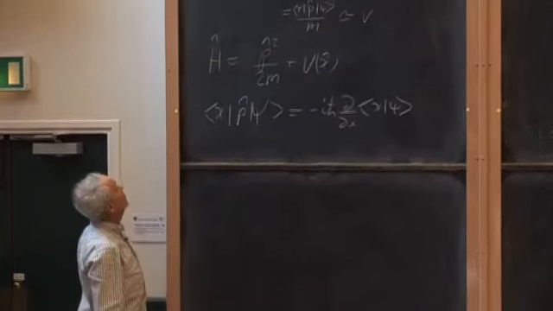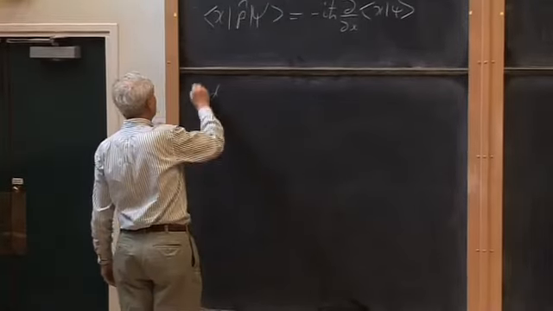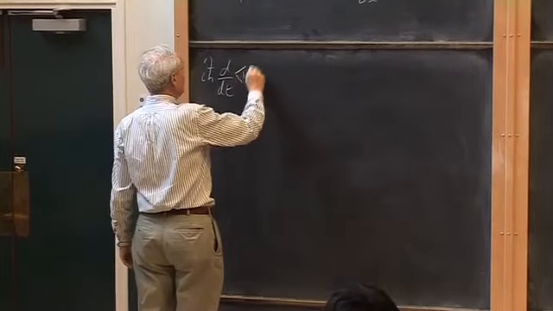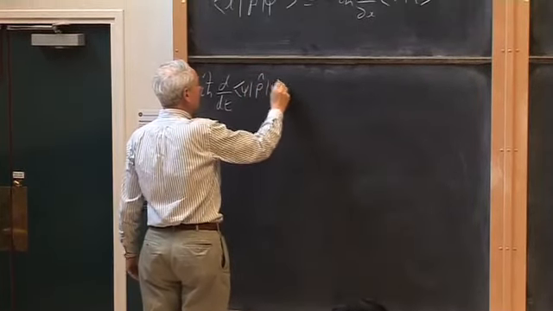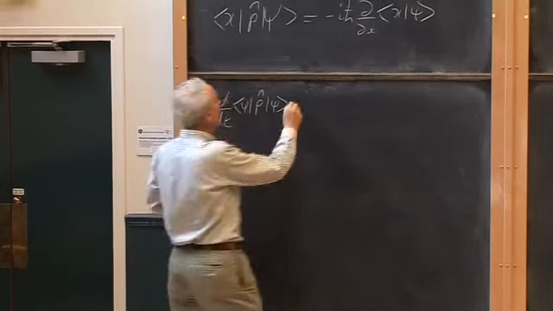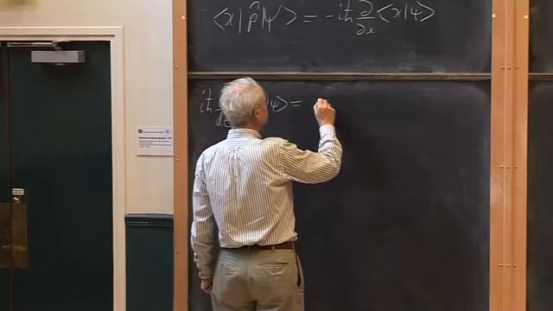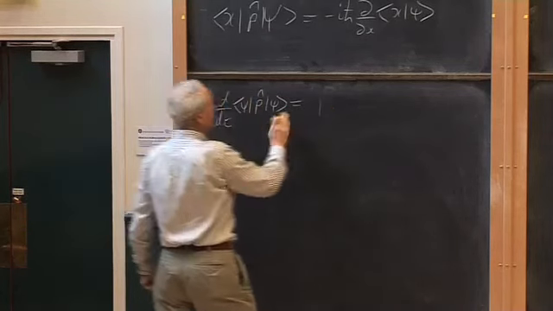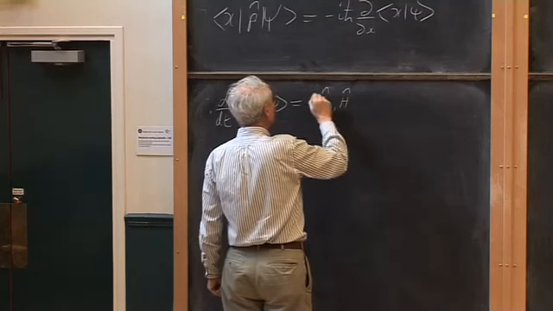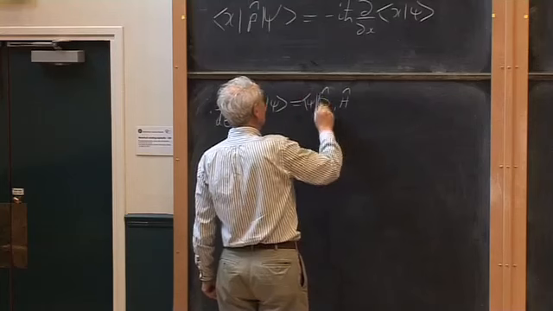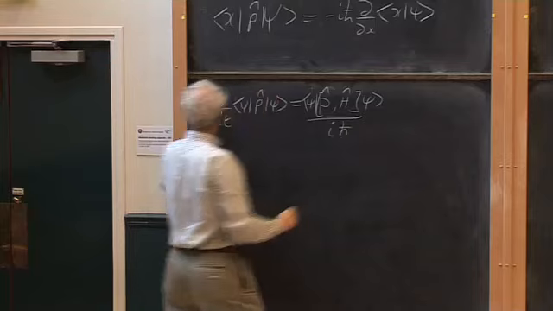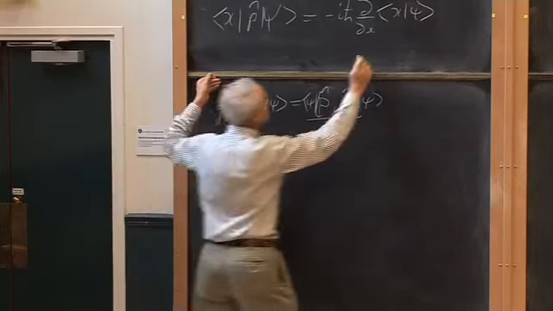It's obvious now that we should move forward and use Ehrenfest's theorem to calculate the rate of change of the momentum's expectation value, and live in hope that this becomes the force. Anyway, this is going to be the expectation value of the commutator p comma H over i h bar.